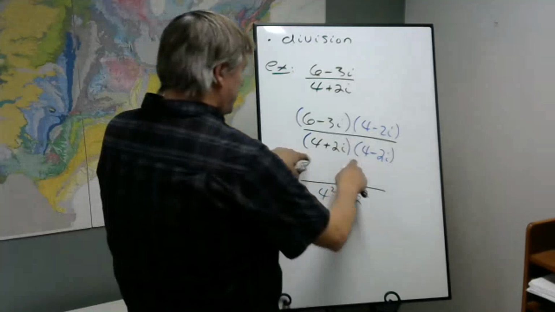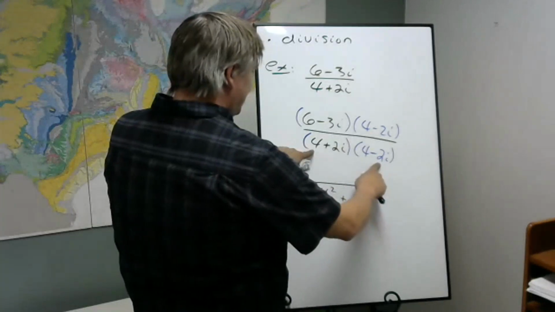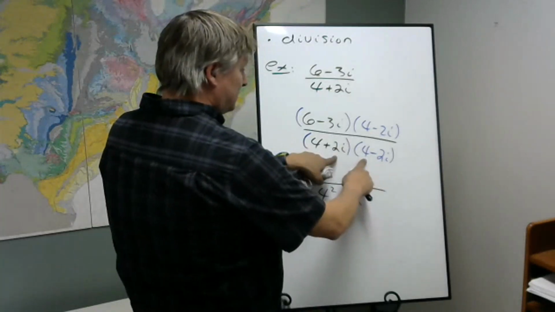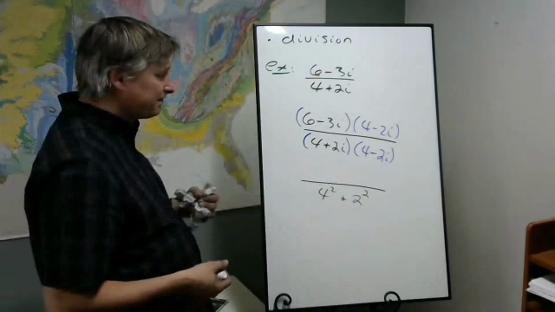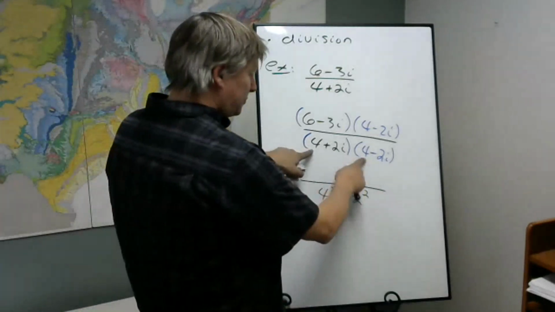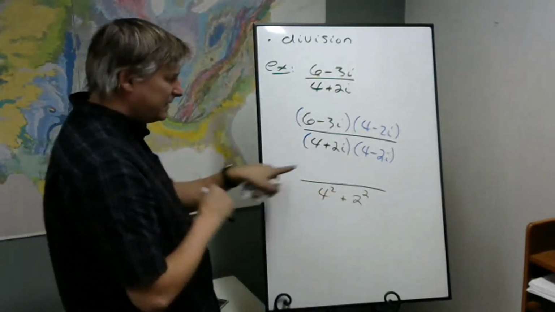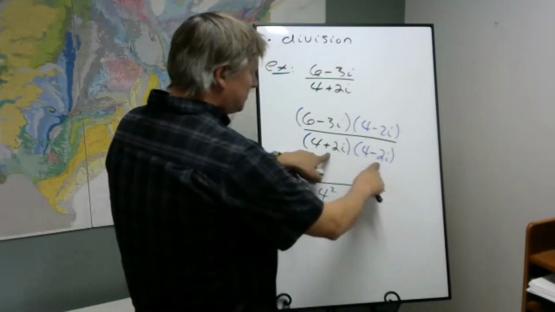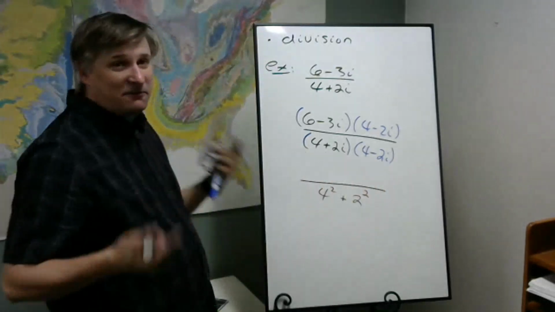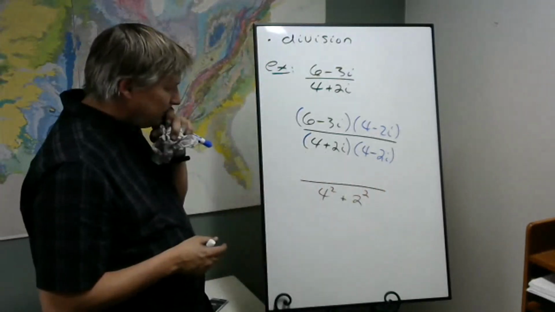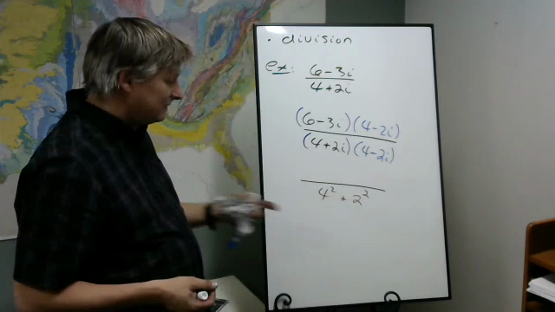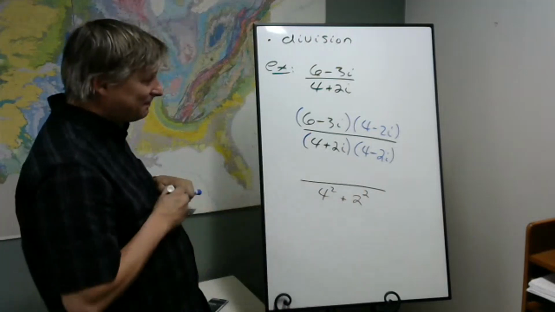And you'll get 4 squared minus 2i times 4 plus 2i times 4. So those terms are going to disappear. So you still got the 4 squared, which is 16. And then 2i times minus 2i will be negative 4i squared, or positive 4. And that's what you're going to get here.